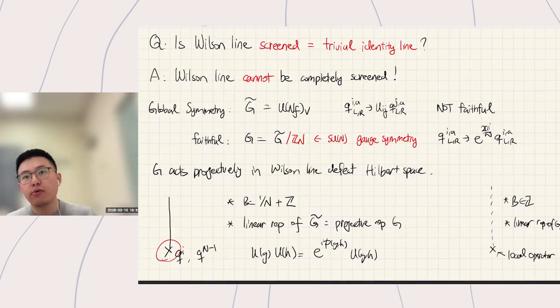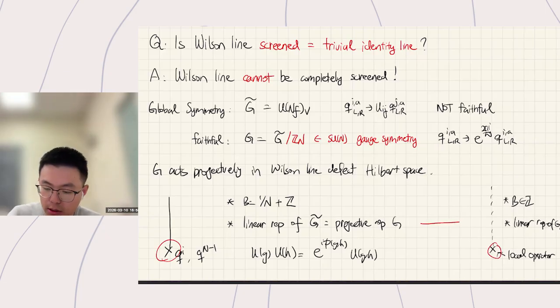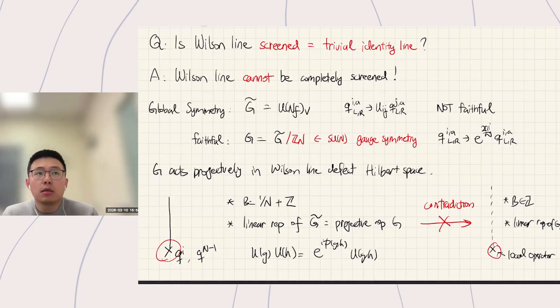There's no way it can flow into a linear representation under a global symmetry. So this argument has also appeared in the literature when people were studying conformal line defects. This is an example of what's called defect anomalies.